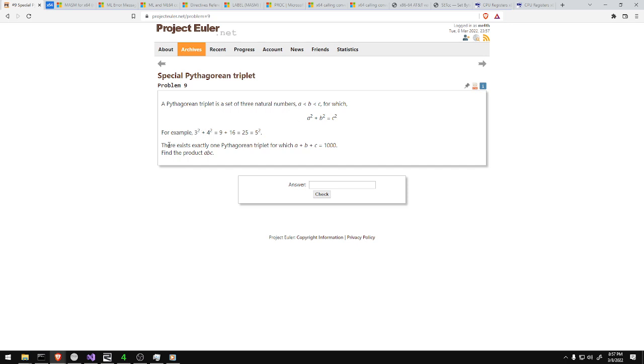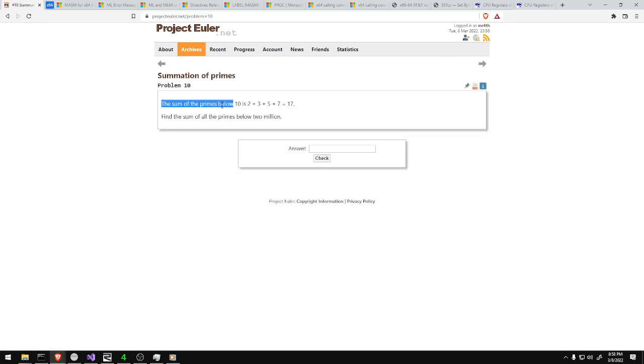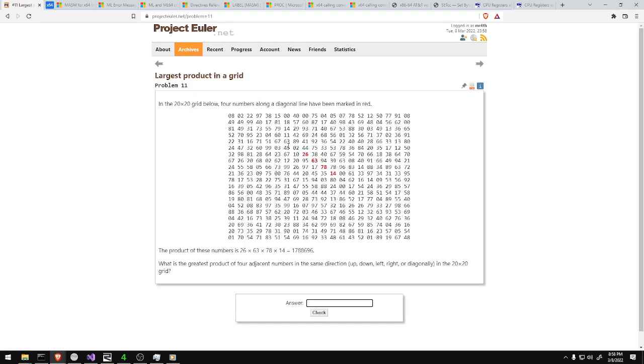Pythagorean triplets that sum to 1,000. Interesting. Sum of primes, that'll be pretty easy once we have our other prime stuff. More data table stuff. Again, we'll decide.